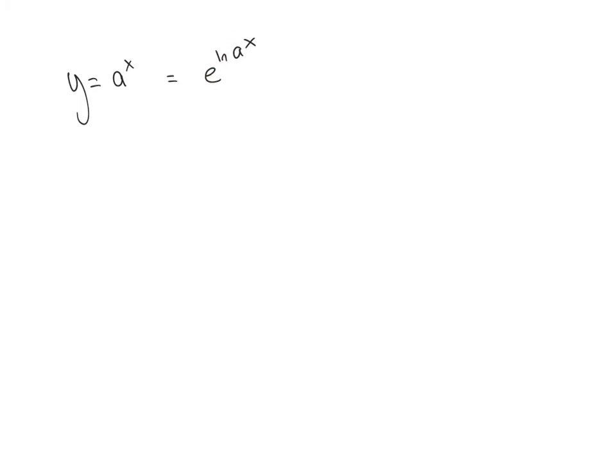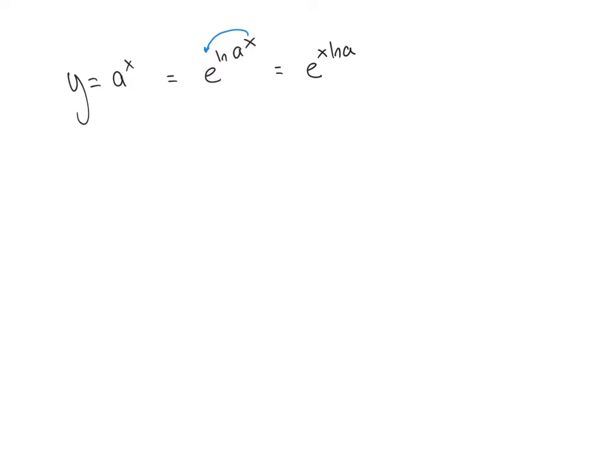So it's 1 times a to the x. Now, hopefully you remember from your exponent rules that if I have the natural log of a to the x, the x actually comes out in front. So I can rewrite this as e to the x ln of a. So that's pulling out some old school pre-calculus right there. But I know that you did that, it just doesn't mean that you remember it.